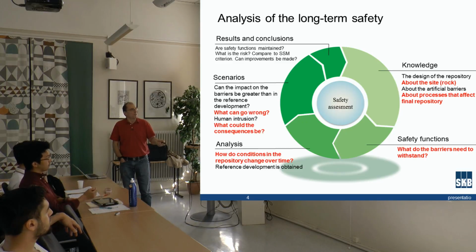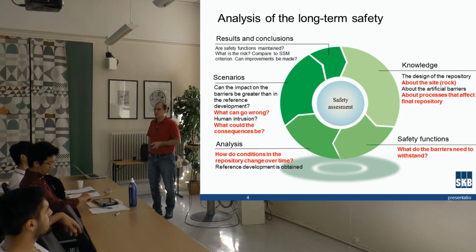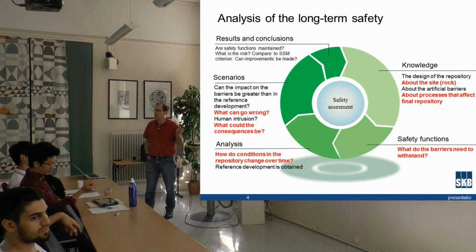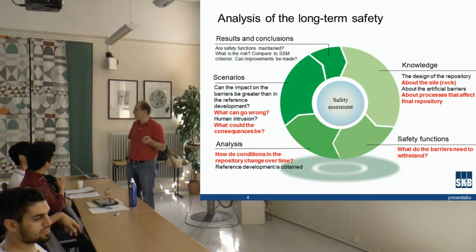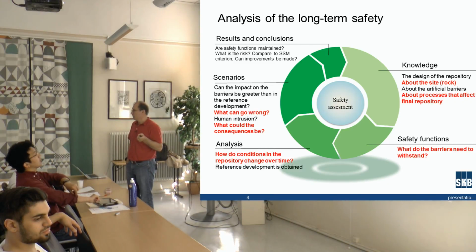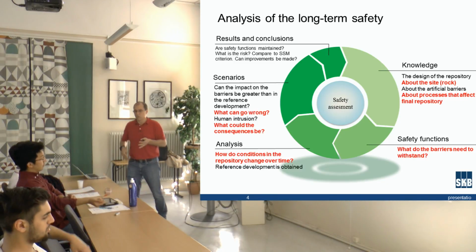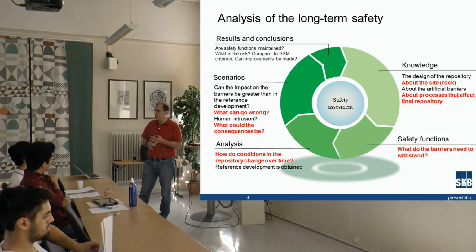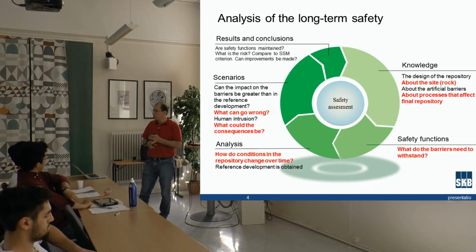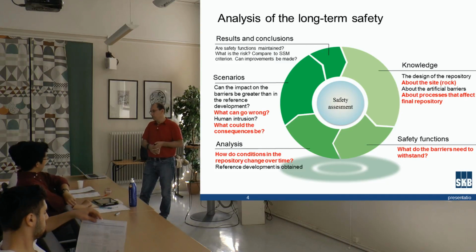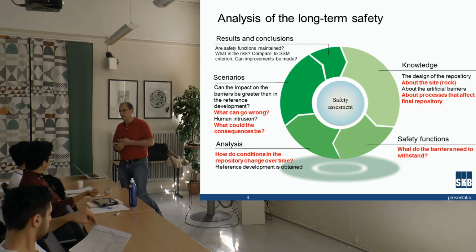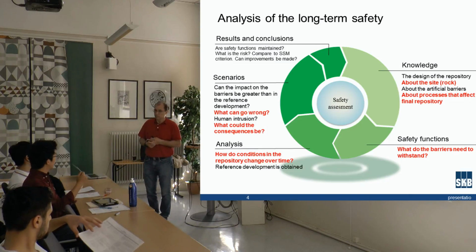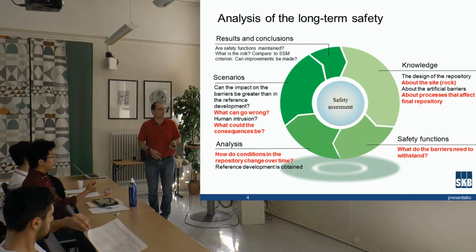So from that, we build up something called safety functions. Did Peter talk about safety functions? Yeah. That's exactly what is important. So one safety function could be the amount of water allowed in the repository. Examples like this.